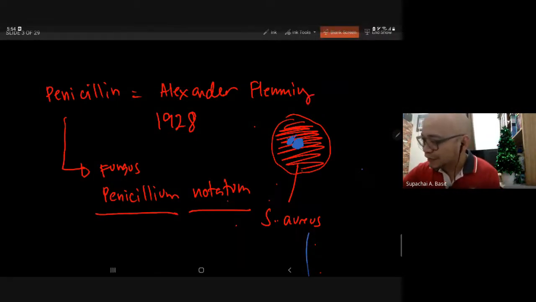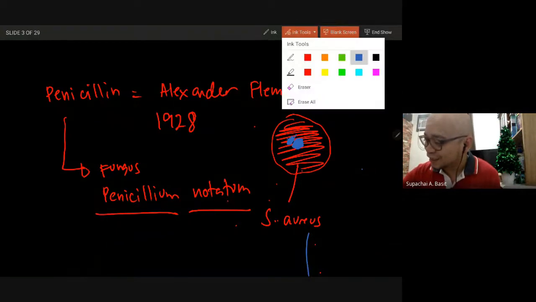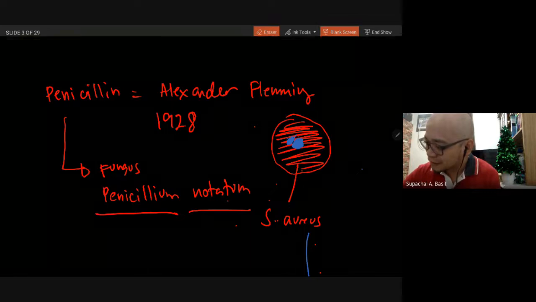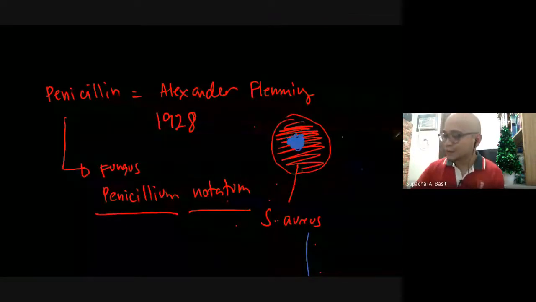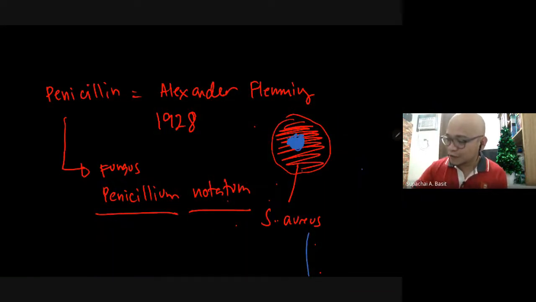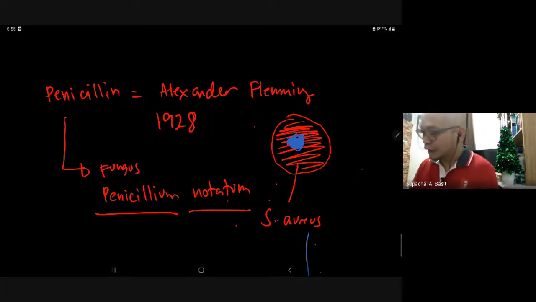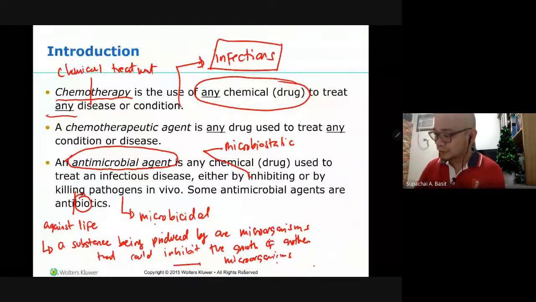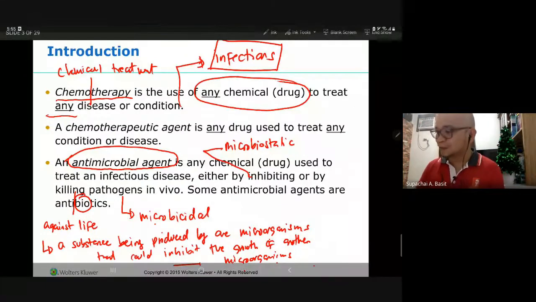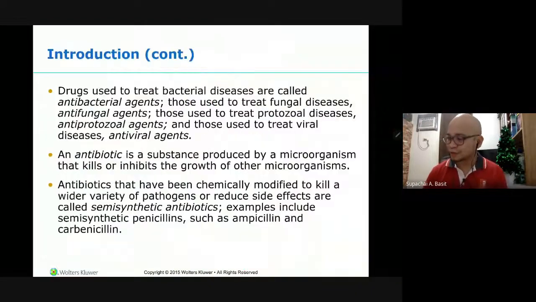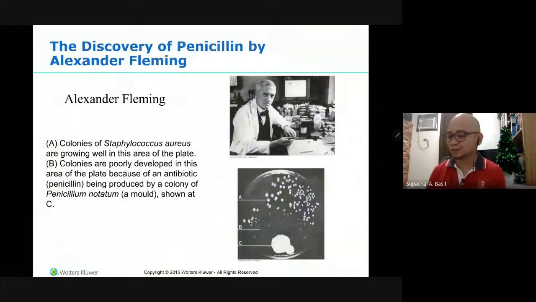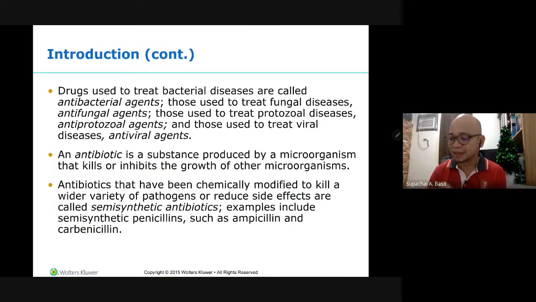I cannot use my eraser, so that you'll be able to see. So, for example, this is a fungus. After a while, he noticed that beside this fungus, there is a clearing zone, and that particular clearing zone is actually a zone of inhibition. I have a picture, later I'll explain that to you.